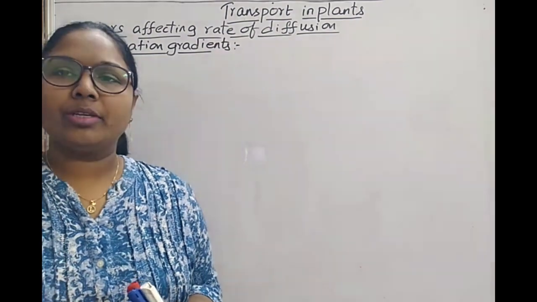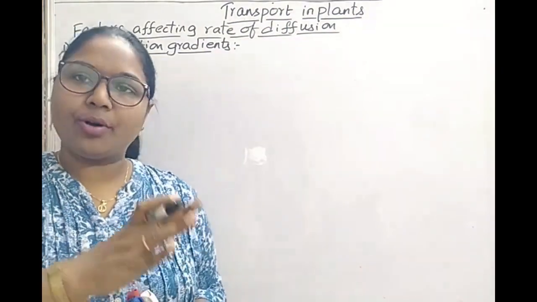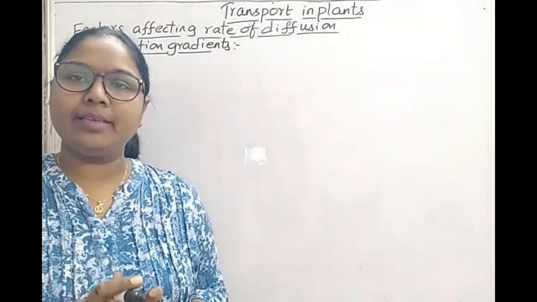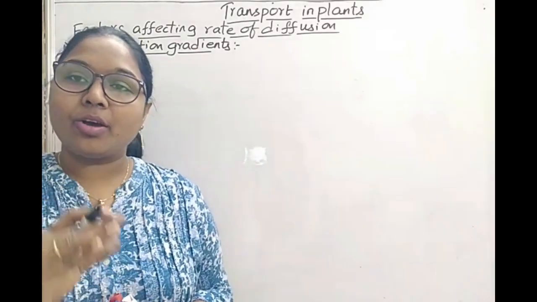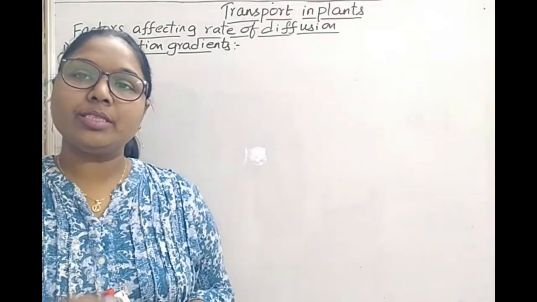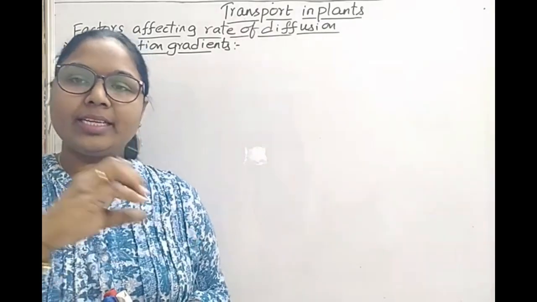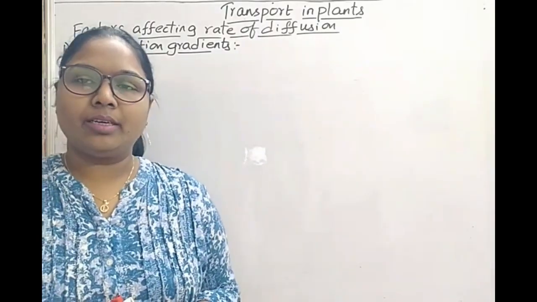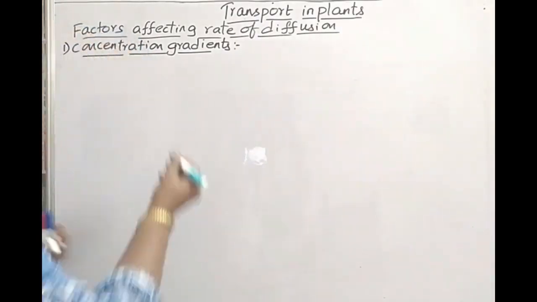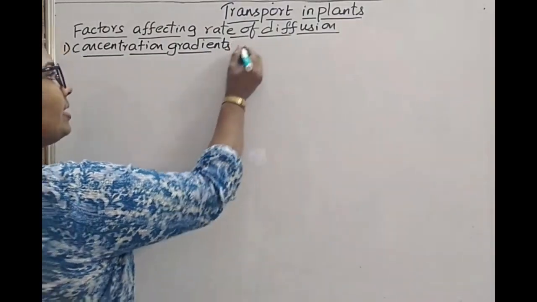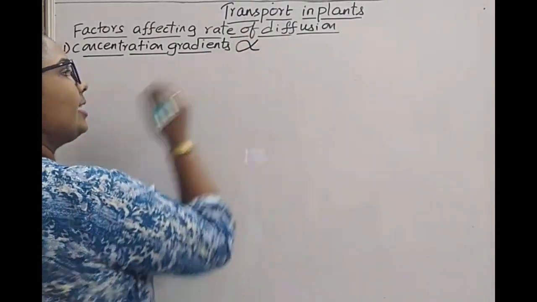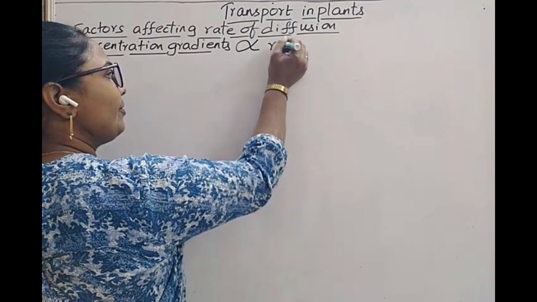If more solutes are present on one side of the plasma membrane or cell membrane, then the concentration gradient of solutes is considered more. Such a condition will lead to more diffusion. So, we can say concentration gradient is directly proportional to rate of diffusion.